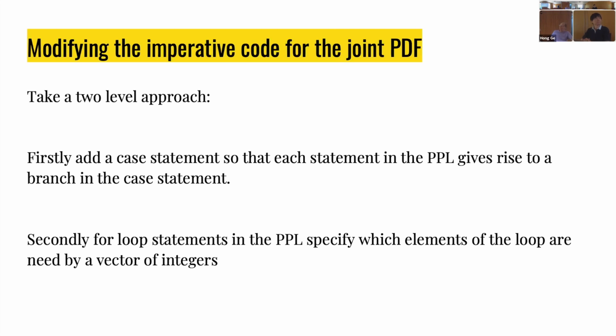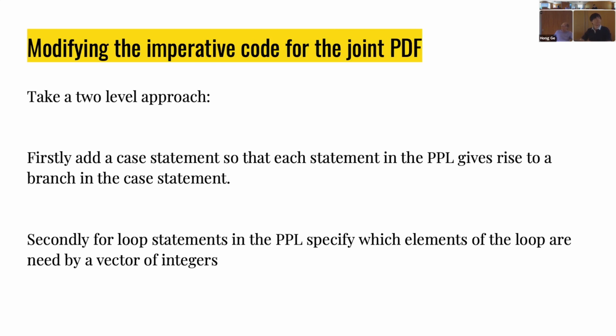The second thing is generally in a probabilistic programming language, you have loops over, say, all the observations or over all of the data variables. When you're doing conditioning, you generally only want to evaluate certain elements of the loop.